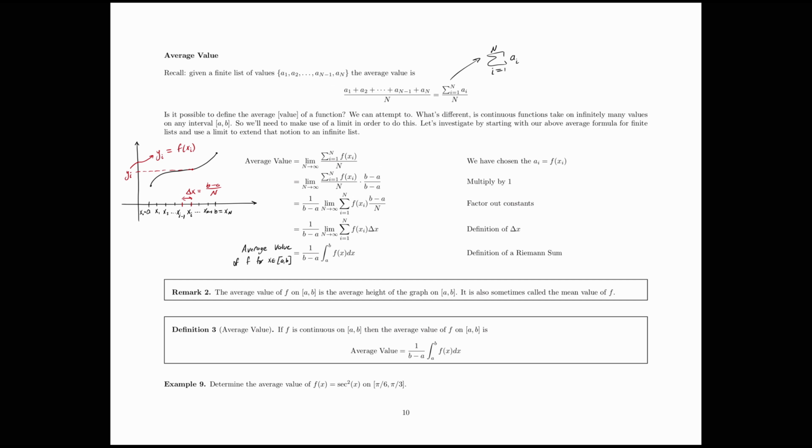Something else that's important too, conceptually and geometrically, is if you were to actually calculate this average value for a given function, then this would equal some number, and this number would be the average height of the graph. It's also sometimes called the mean value of f.